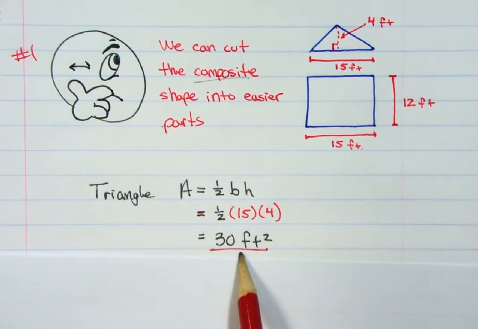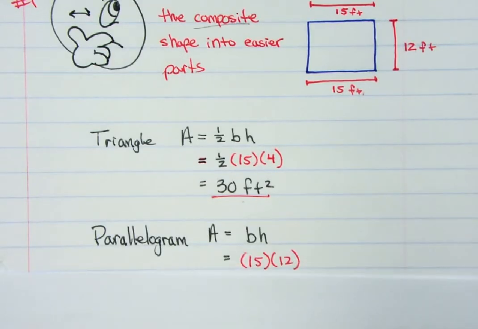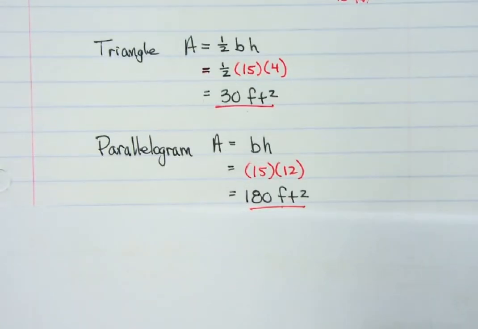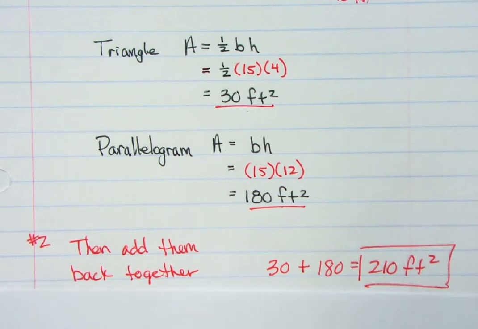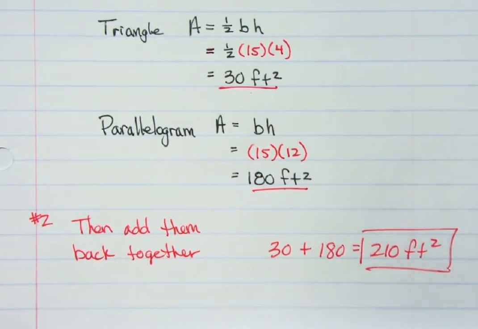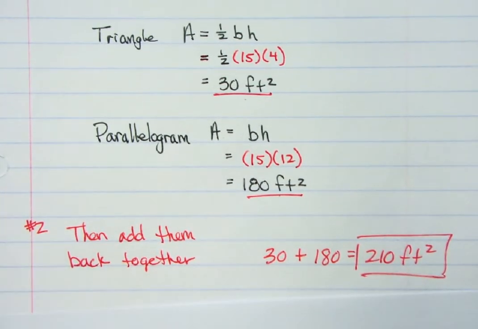I do the calculations, I get 30 feet squared. Then I do the parallelogram or rectangle. That's just base times height, which is 180 feet squared. Lastly, I just add those together. So 30 plus 180 is 210 feet squared. So that is the total area that needs to be covered by the wood.